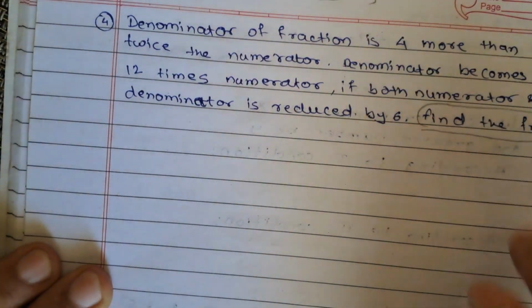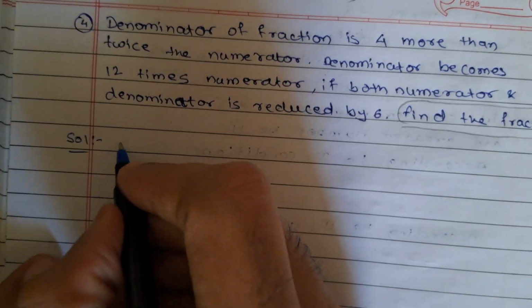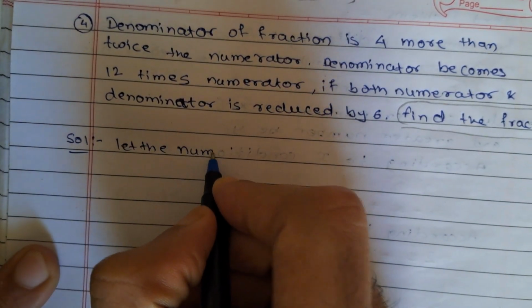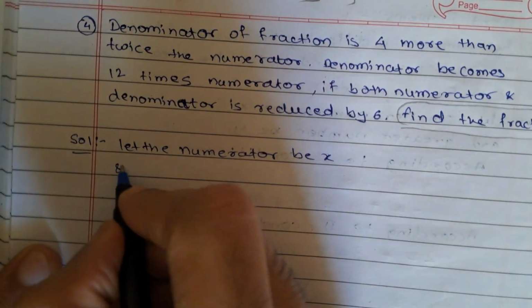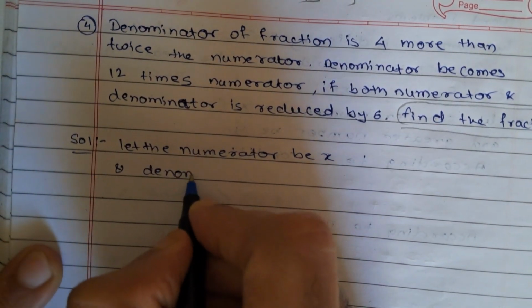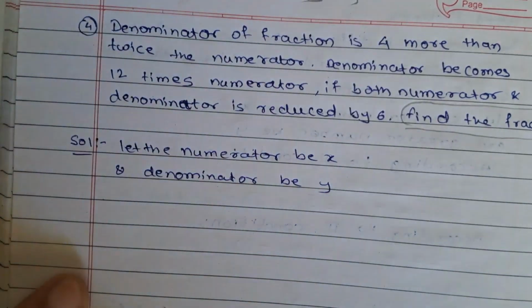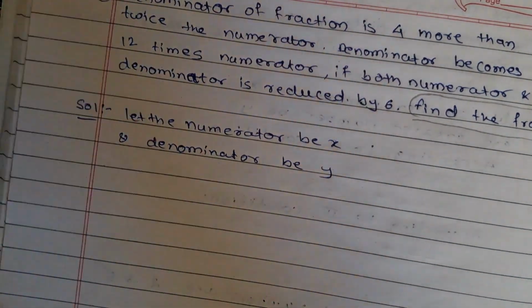I will write the solution like this: let the numerator be x and denominator be y. I am just naming the numerator as x and denominator as y, and I am starting with the sum.